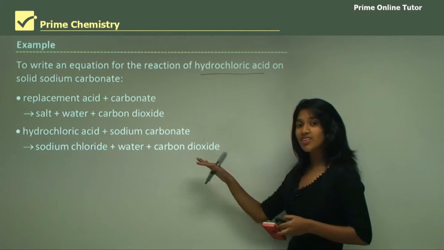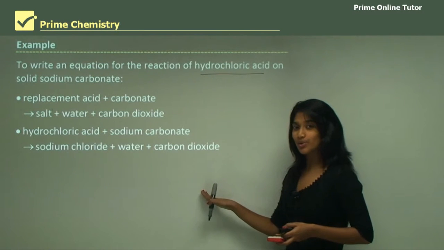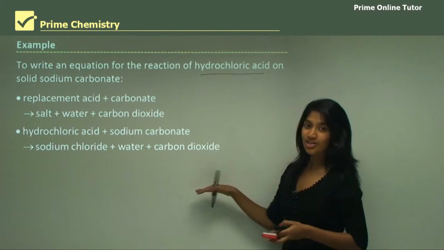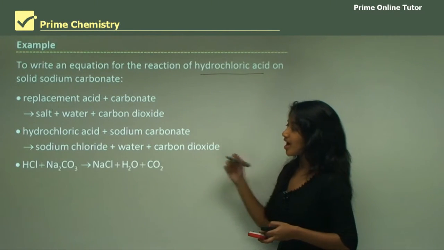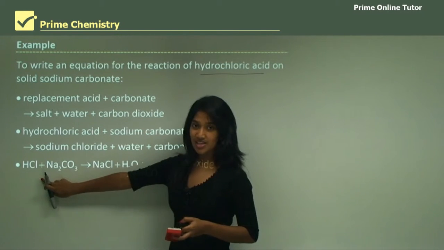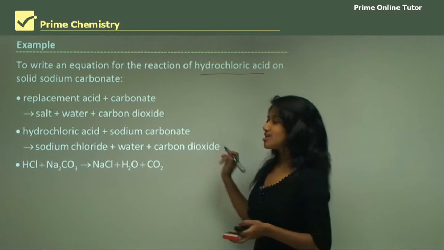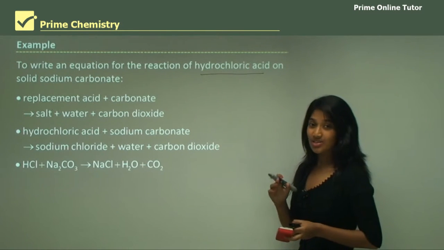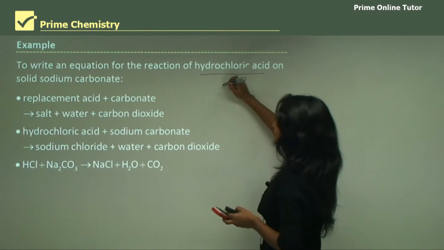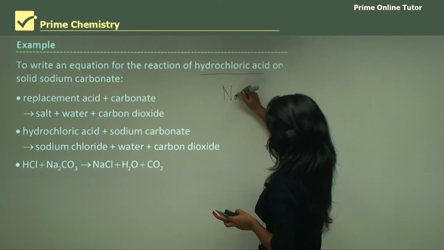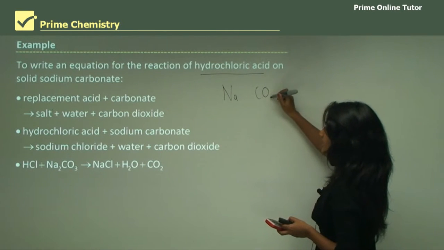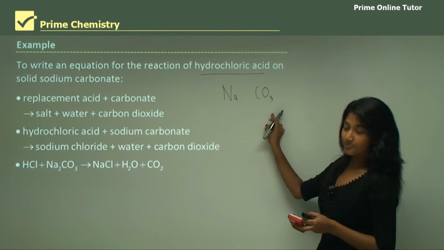Now you would turn this word equation into a chemical equation. So to write your chemical formulas, we know that hydrochloric acid is HCl from before. Then sodium carbonate. Now carbonate is one of those anions I was talking about before. So first you would write your sodium and your carbonate. Carbonate is CO3.